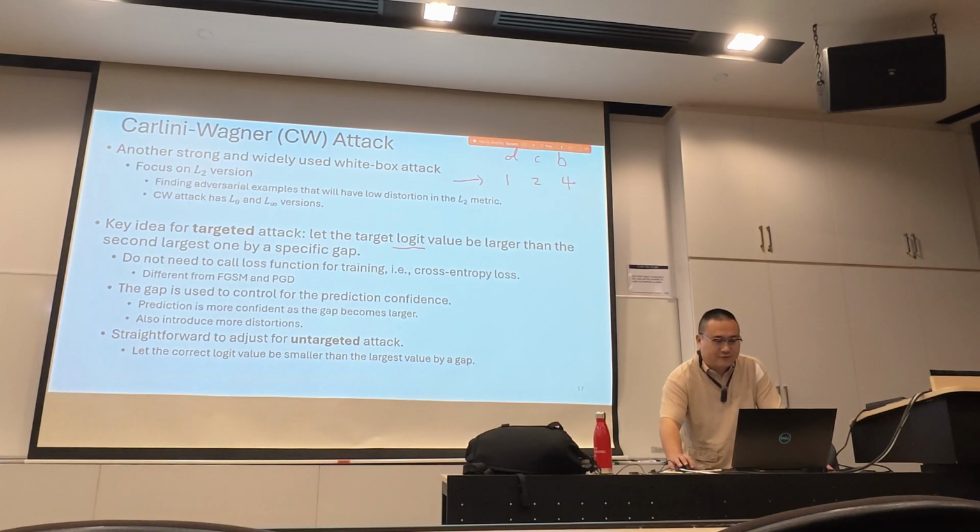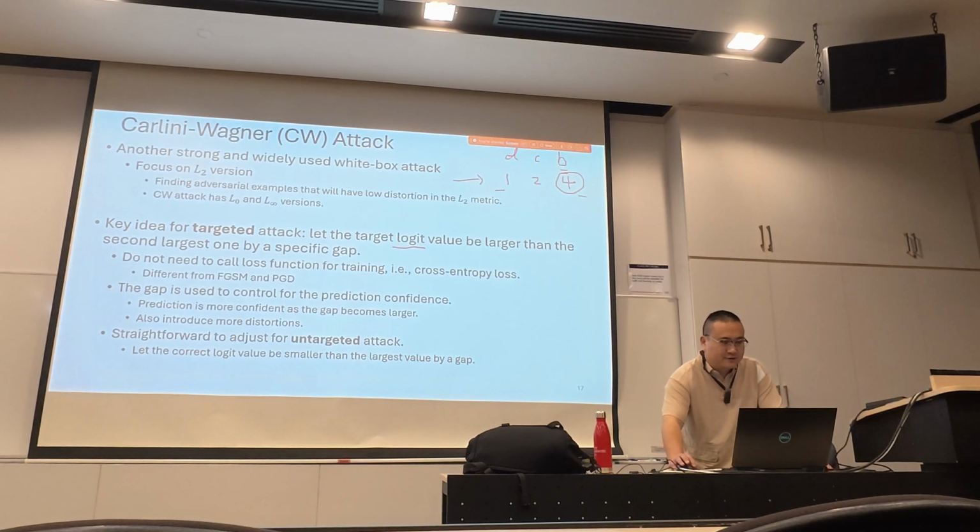Normally, after we get the logits, we select the largest logit as the prediction of the model. In this example, 4 is the largest logit, so we say the prediction is bird for the image. Therefore, the idea of the CW attack is that, given an image of a bird, the model predicts bird.